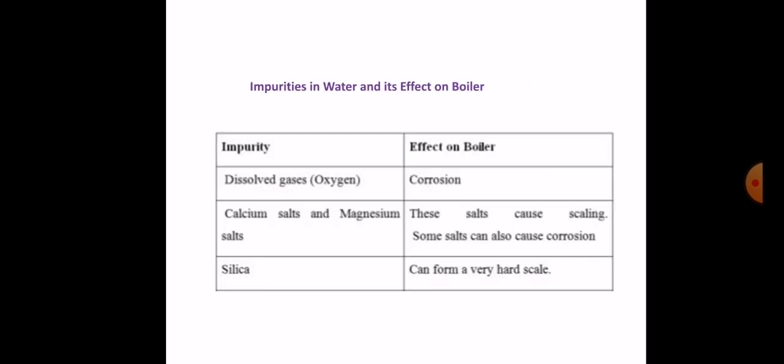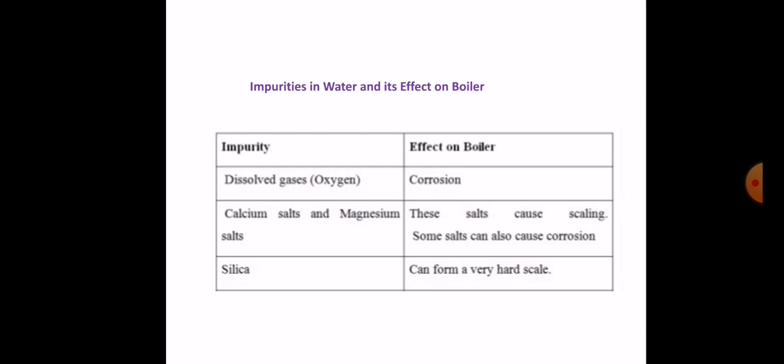Over here see impurities in water and their effect on the boiler. There are a number of impurities found in the water. First one, dissolved gases. We all know that oxygen is present in water, so through these impurities, corrosion may occur on the inner surface of the boiler. Second, calcium salts and magnesium salts.